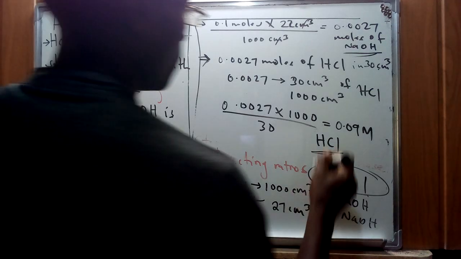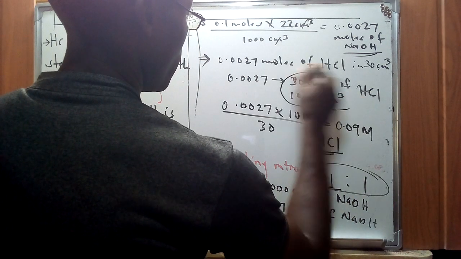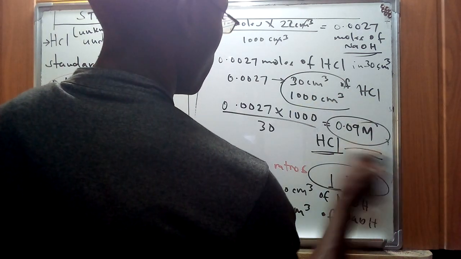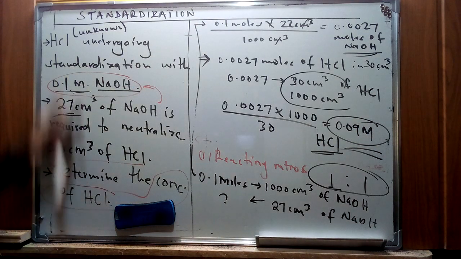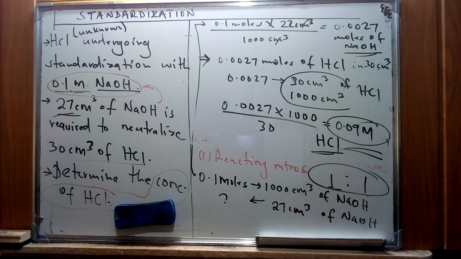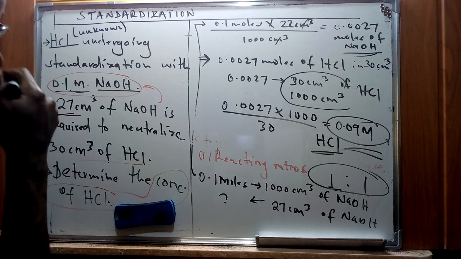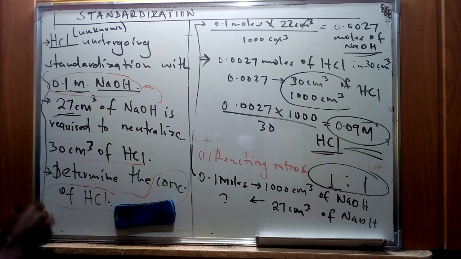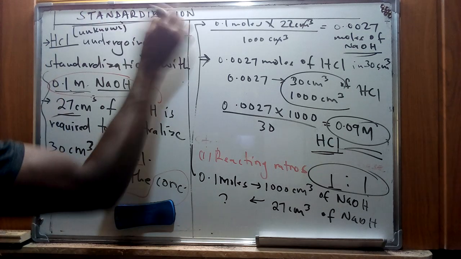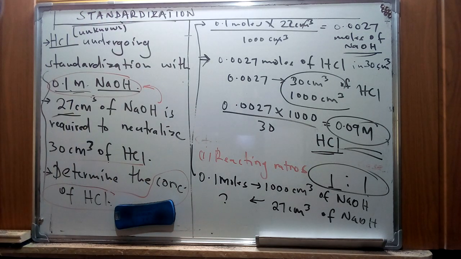Then we use the relationship for 1 molar to find the concentration of the acid that was unknown. Finding the concentration of this unknown reactant by use of this procedure is the process that we refer to as standardization.